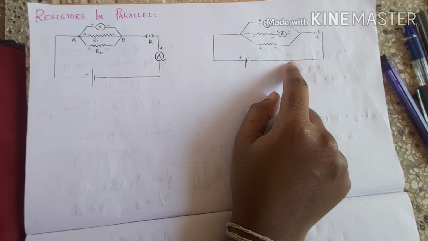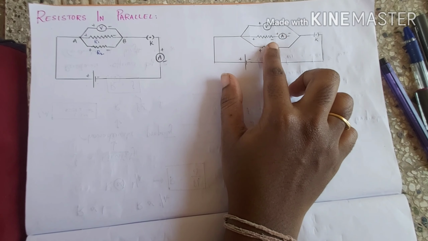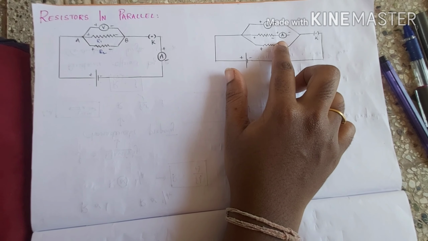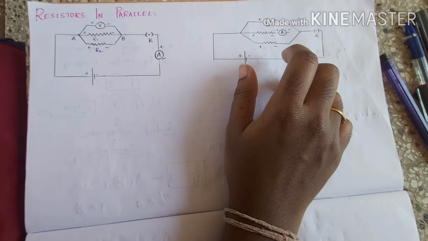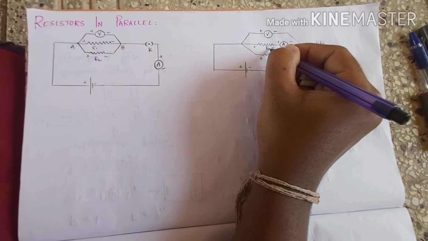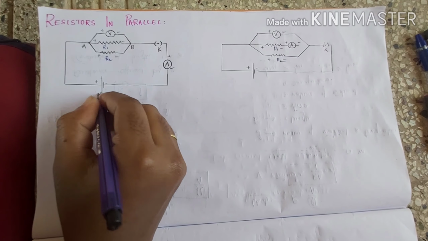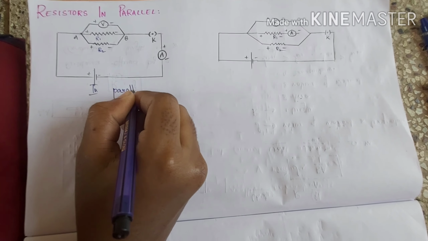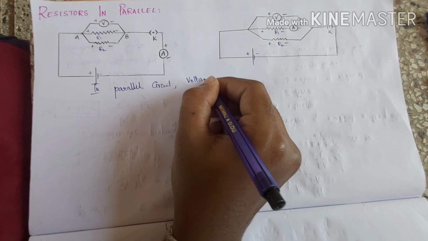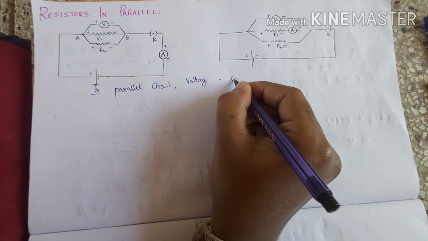When you observe the readings, though the voltage remains the same, the current passing through resistance R1 is different compared with resistance R2. Which means in a parallel circuit, the voltage across the circuit remains the same.